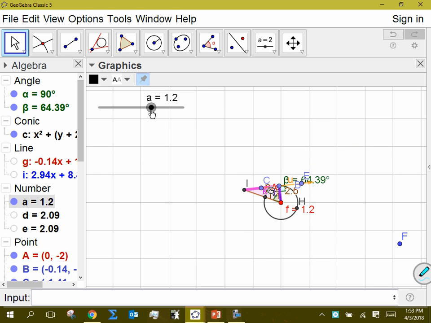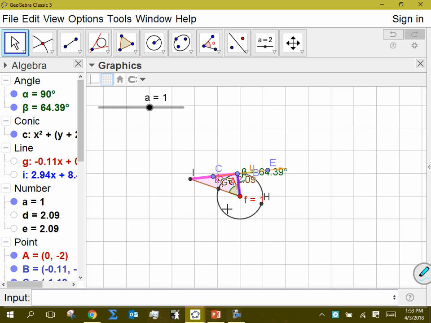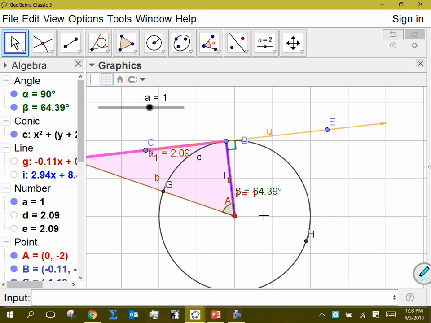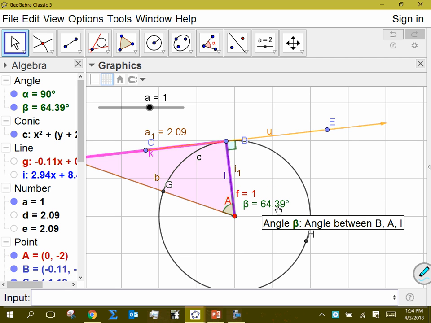And if my circle has a radius of 1, then this side right here is 2.09 divided by 1, which is just 2.09, exactly the same thing as when 64.39 is run through the tangent ratio.